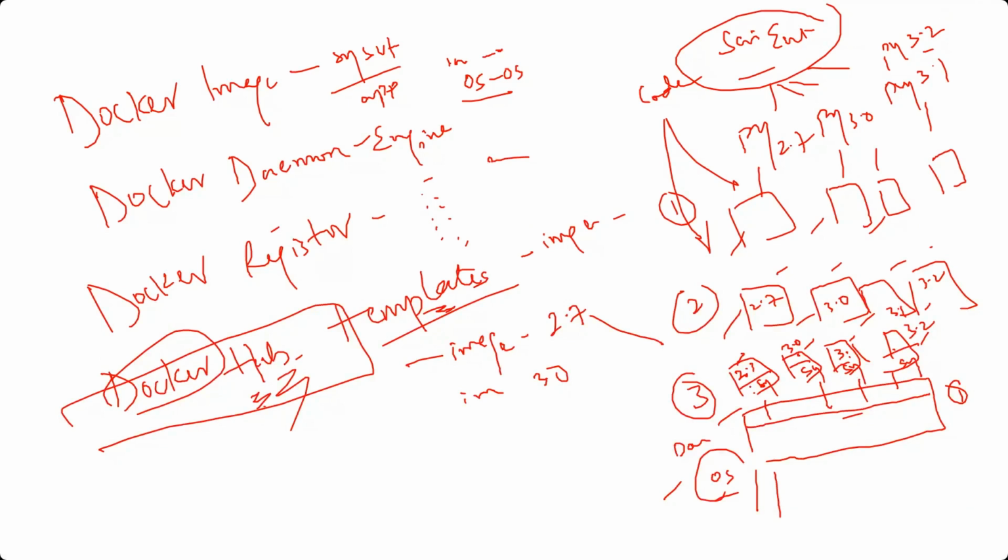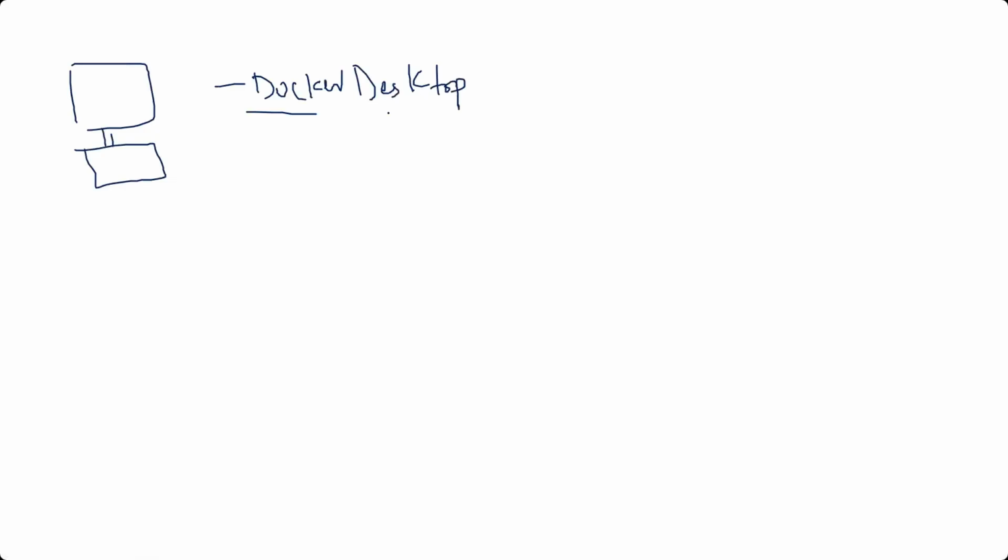Now, if you look at how these companies use it in practice, when you join a new company after your master's program, a DevOps engineer, an IT team, will give you one machine, one laptop. They'll install Docker Desktop and give you a connection to Docker Hub.